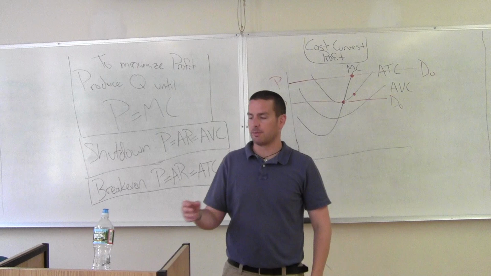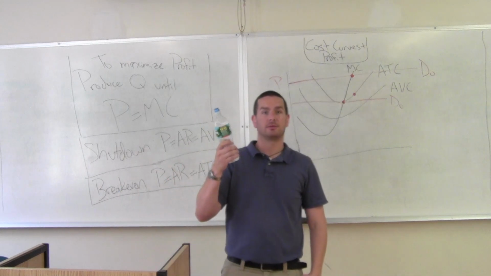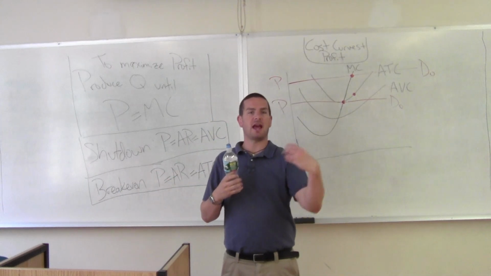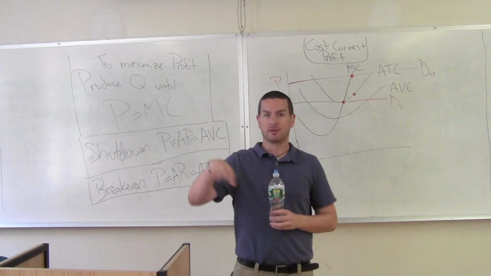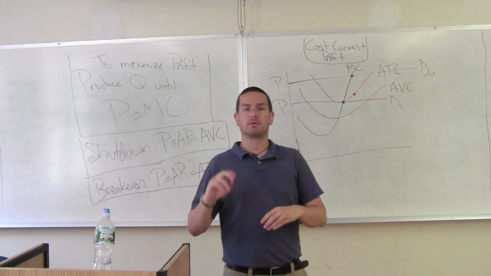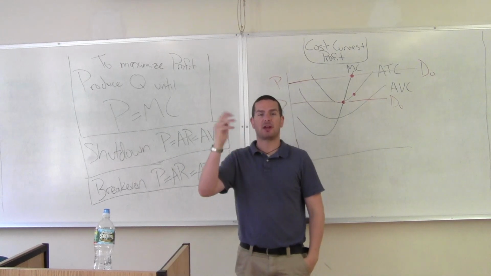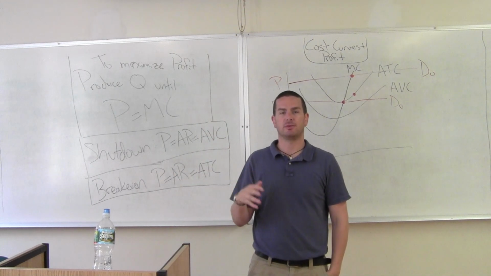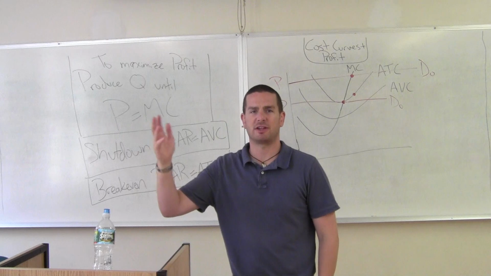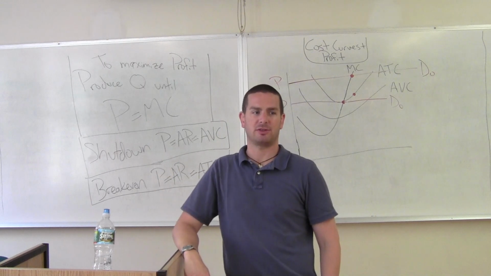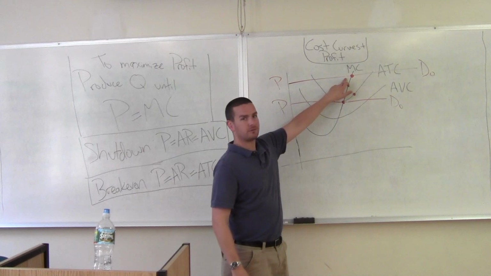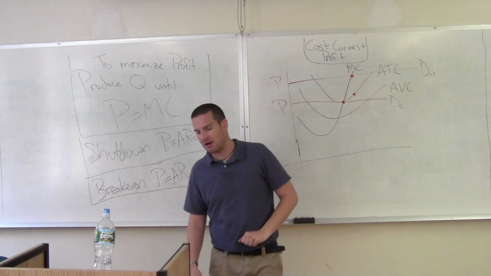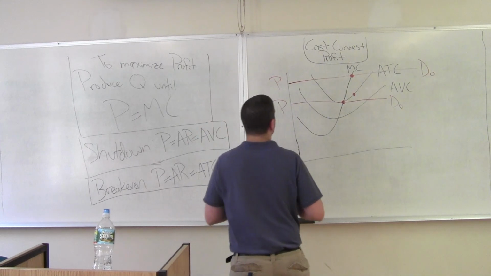So for every water bottle you sell, you're making 30 cents in average revenue, but you have to pay out 30 cents in your average total costs, right? Which is the sum of your average fixed costs and average variable costs. Okay? So, this is profitable. This is where you'll be making profit. We could even write that out too.